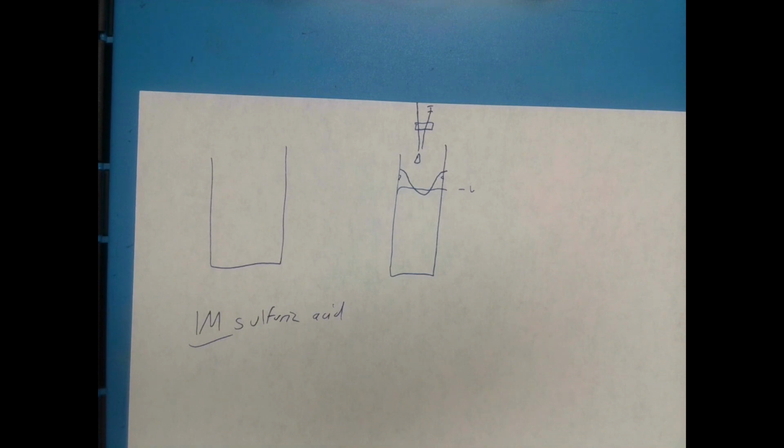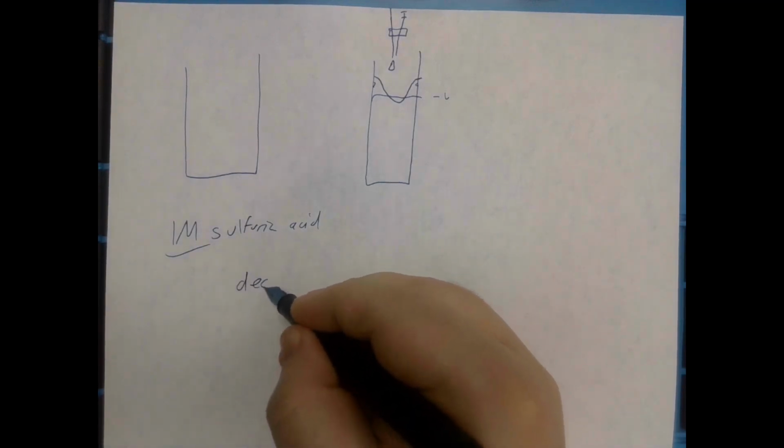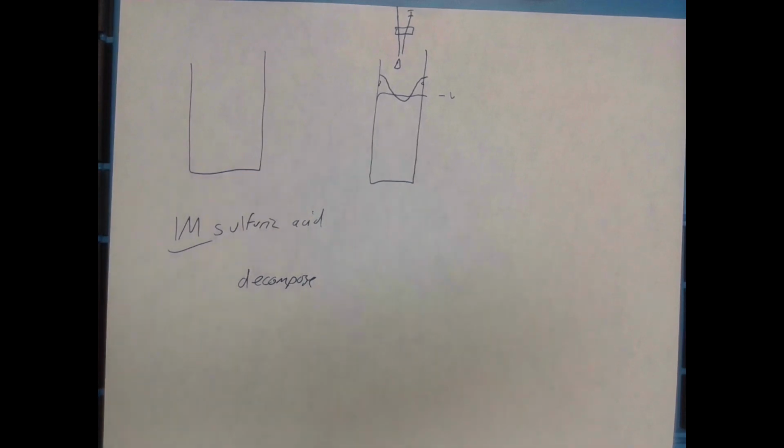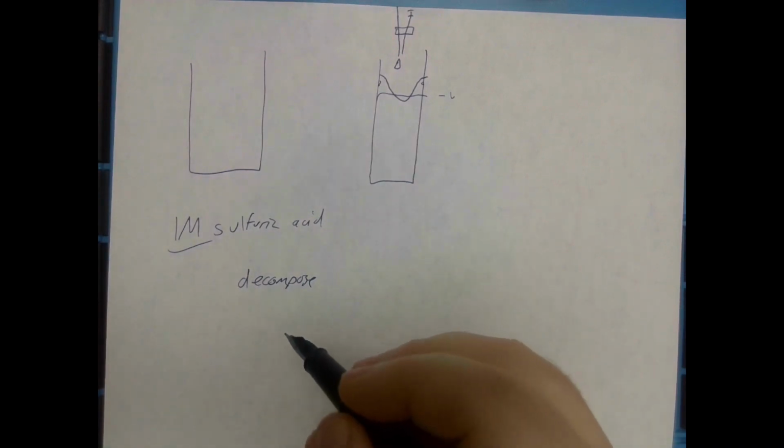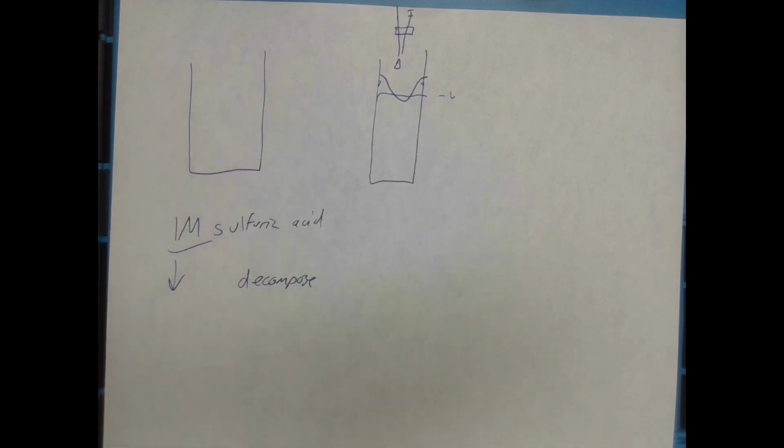It's 1 molar. The bottle says so. What do we learn about chemicals? What can they do? They can decompose. So the concentration will go down when it decomposes.